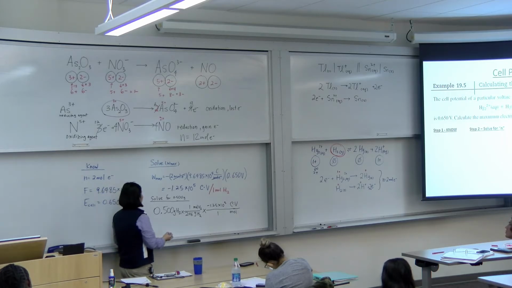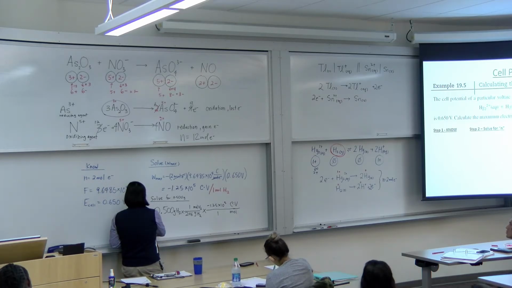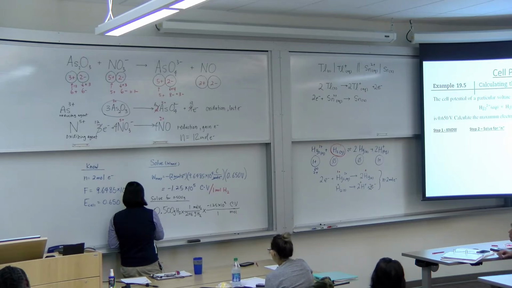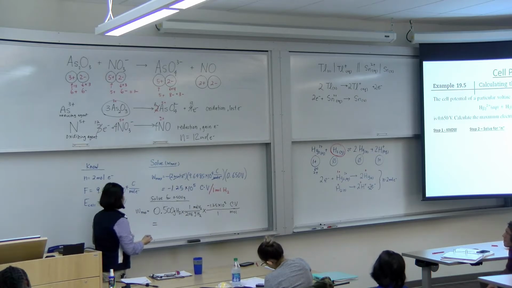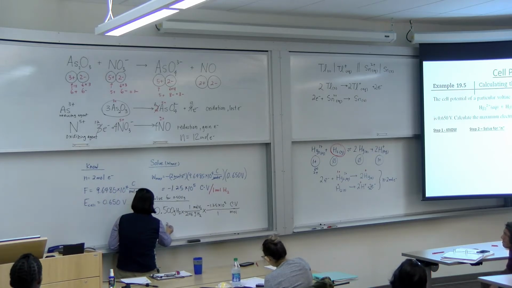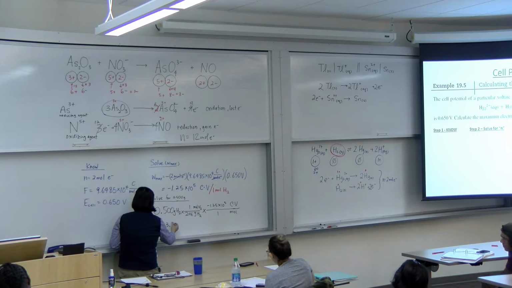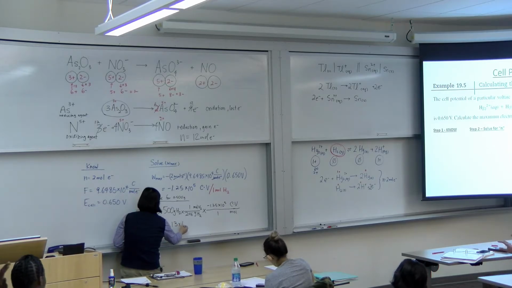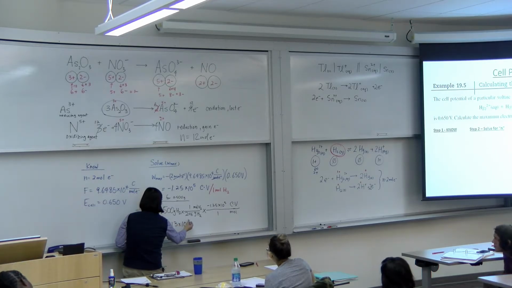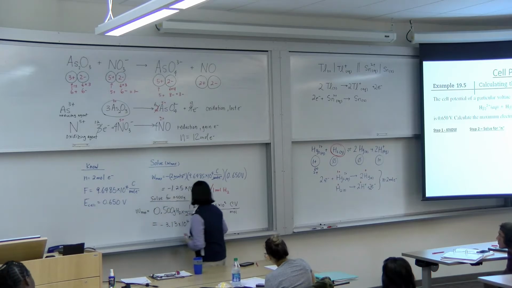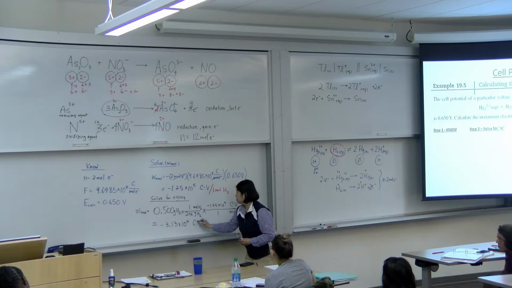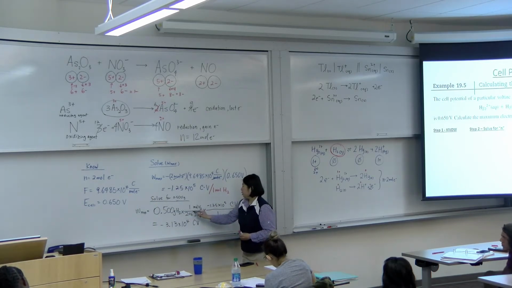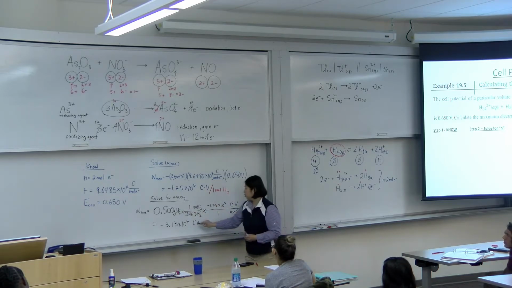So this comes out to negative 3.13 times 10 to the 4th. So my grams cancel out, my moles cancel out, I am left with Coulomb volts.